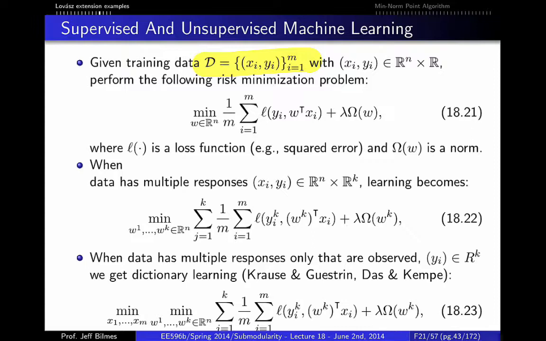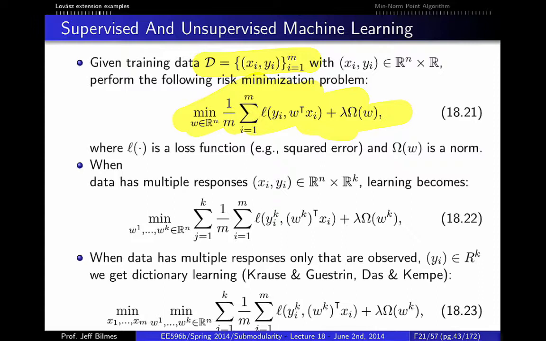And let's say the supervised learning problem is essentially to solve for w, where we have a loss function L, which might be a squared error or something, but we want to penalize w in some way, and so we have omega of w, which is like a penalty or some sort of norm on w. And if the loss function is the squared error, then equation 18.21 turns into a convex optimization problem. So supervised learning can be seen as a convex problem.